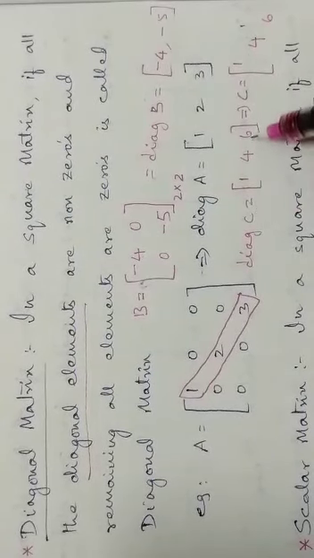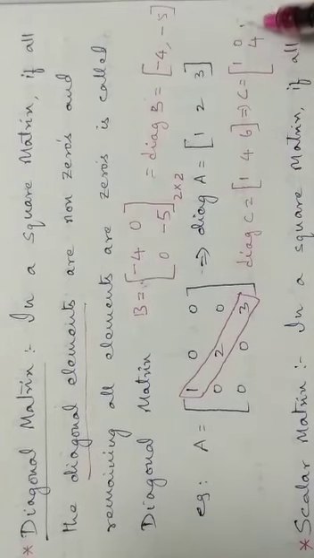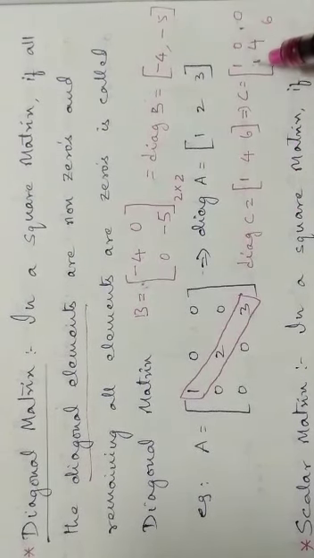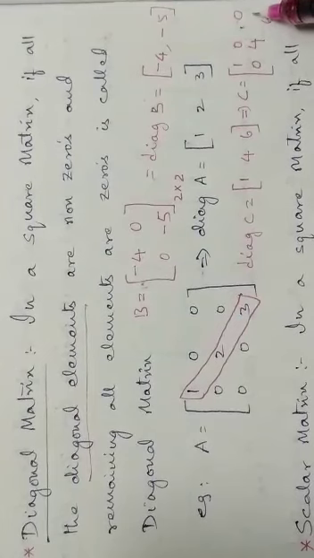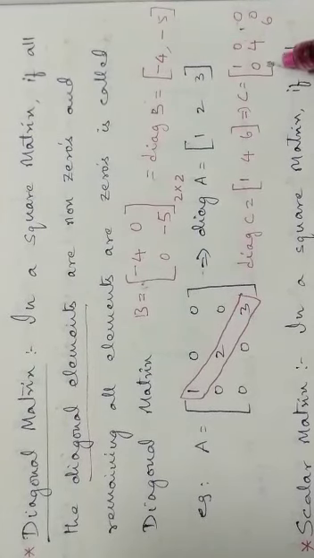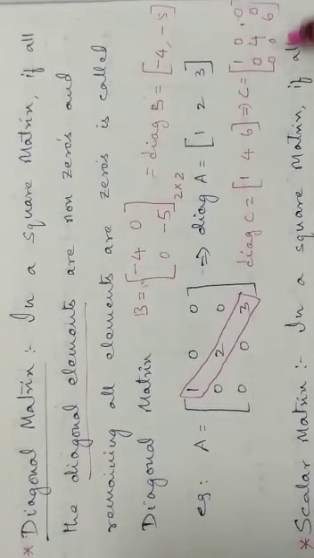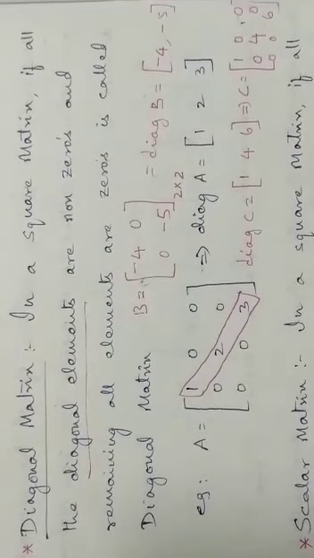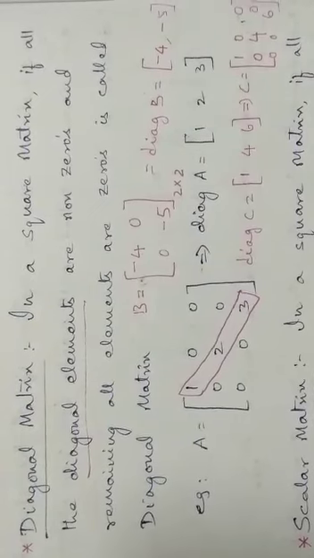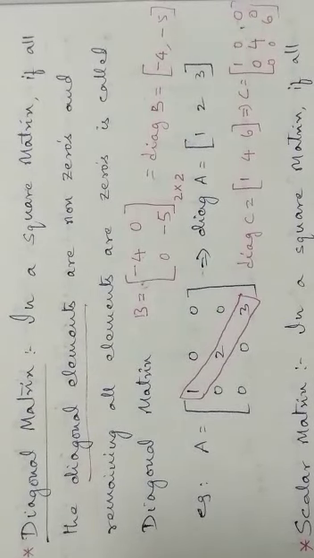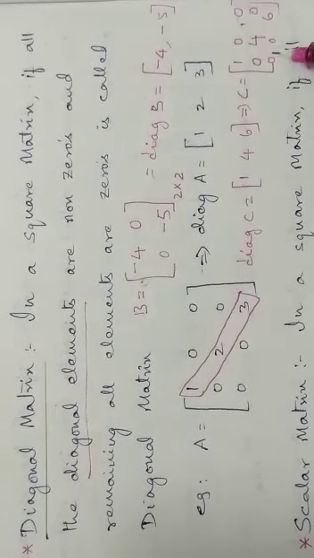These are diagonal elements. Remaining elements are zeros. So 0, 0, 0, 0, 0, 0. So this is the expanded form of this matrix, which is a 3 by 3 order square matrix.